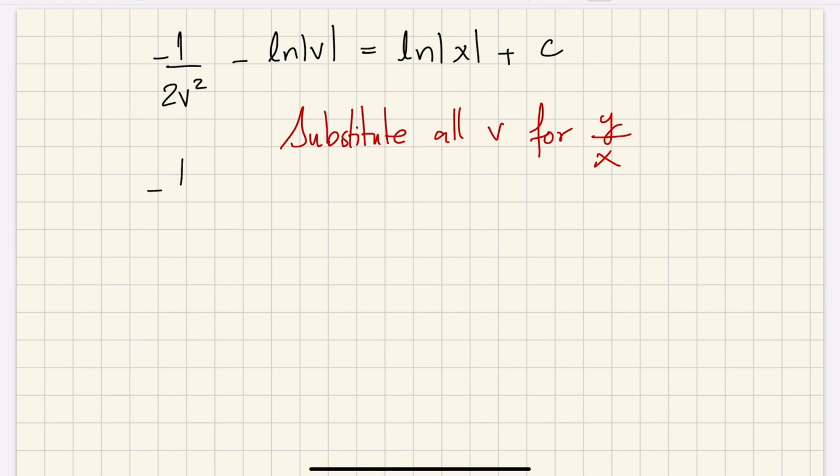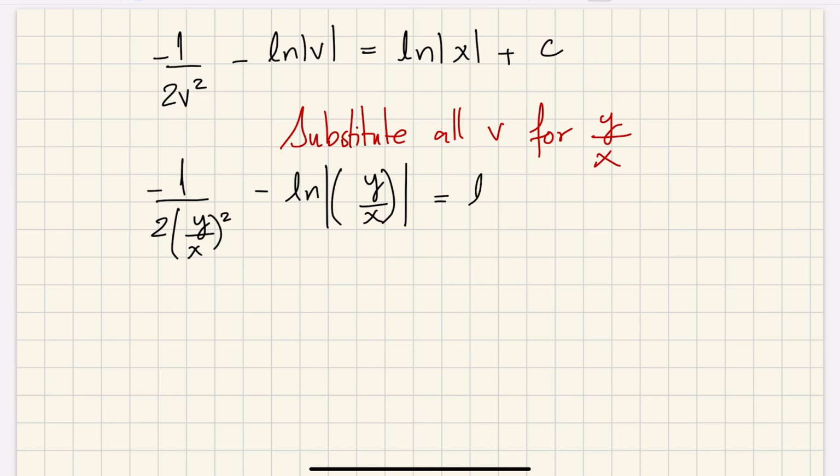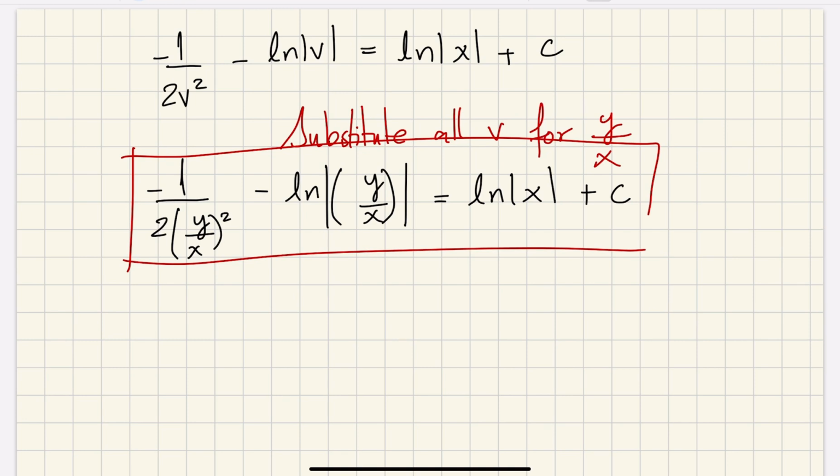Then you get, now you could go ahead and solve for y, but that's going to be very tedious and complex and unnecessary. This is a very much acceptable answer for that question.